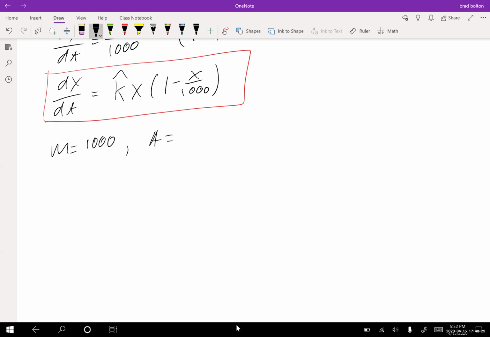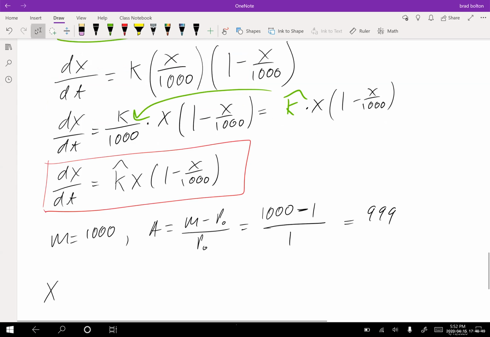We know A is worth M minus P naught over P naught. But they kind of snuck it past us. They said the carrying capacity is 1,000, we know that. But they said 1 student, so the initial value was 1, right? So we ended up getting 999, okay?